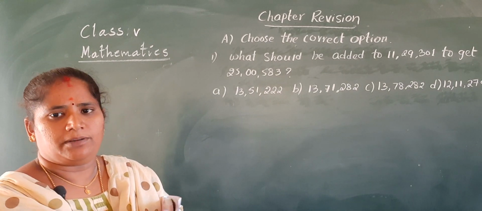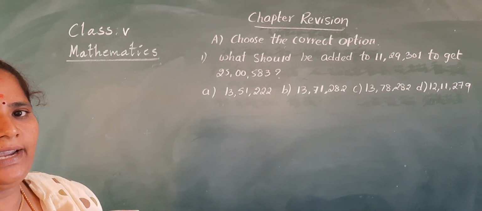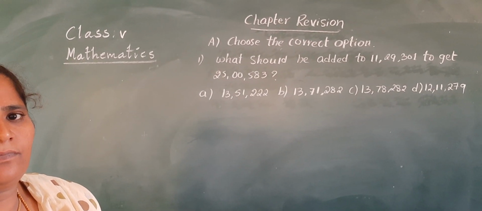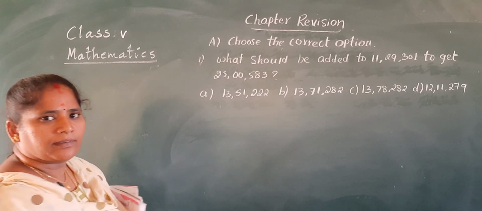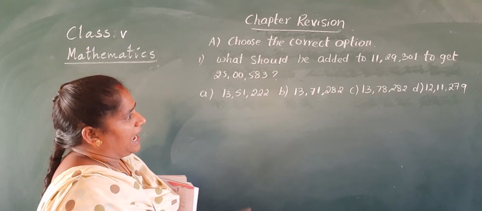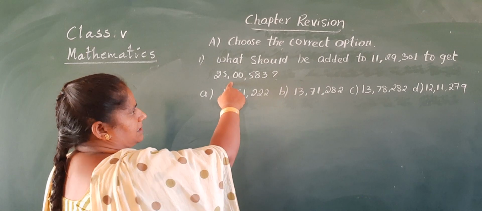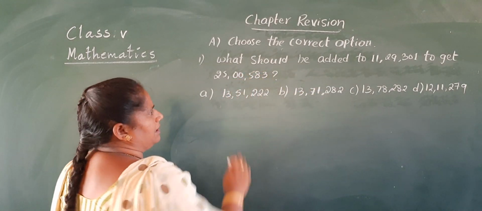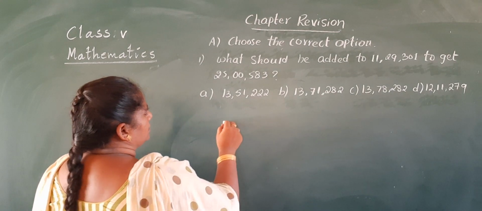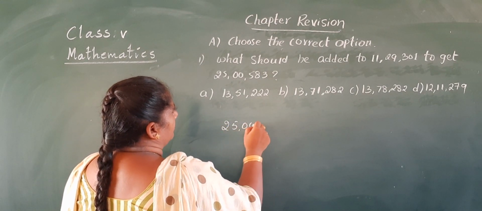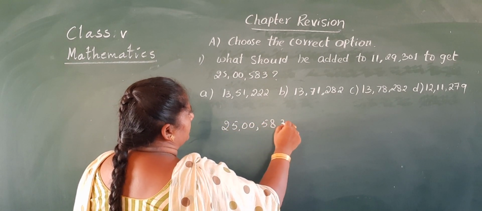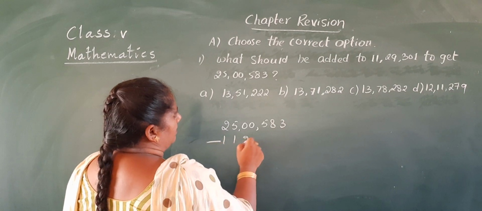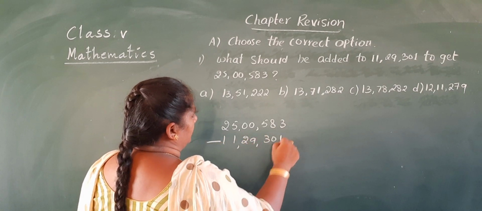You can't see the board? Just wait. Okay. See, what should be added to this number to get this? So first you subtract this number from this number, then we can get the answer. So 25,583 minus 11,29,301.